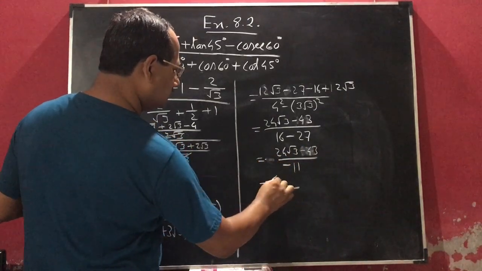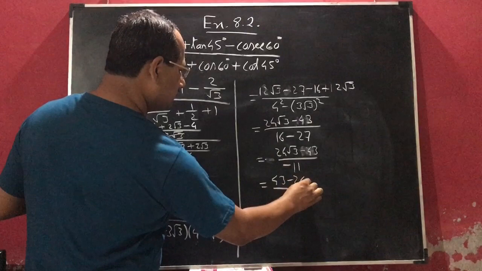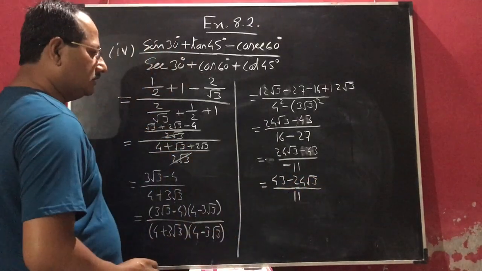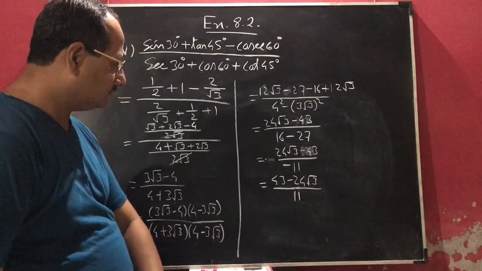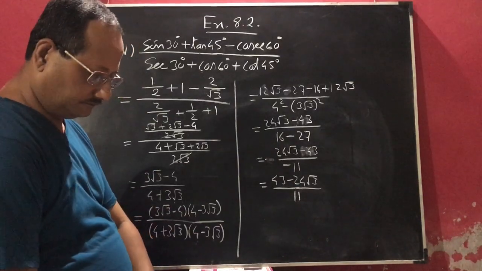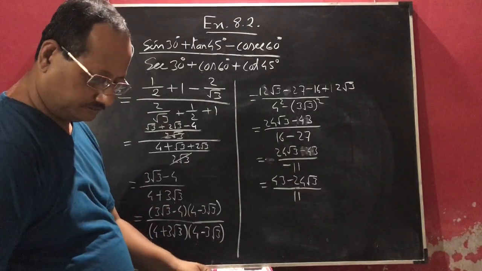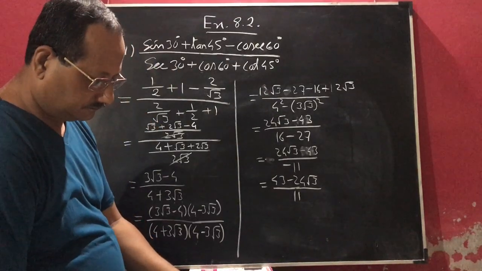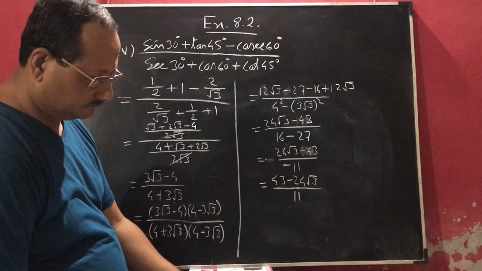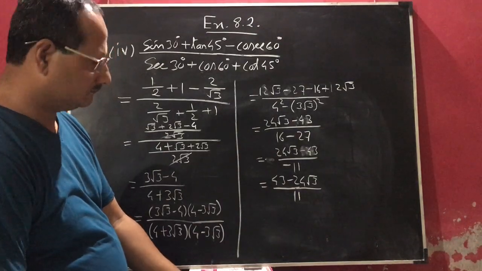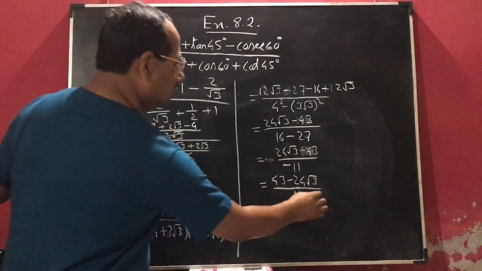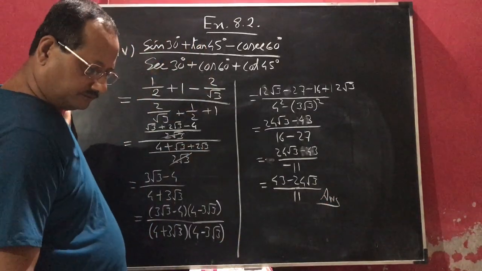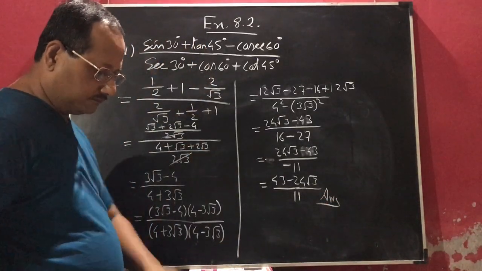That is 43 minus 24 root 3. Small mistake. Sorry. Okay. The number 4. Then number 5.